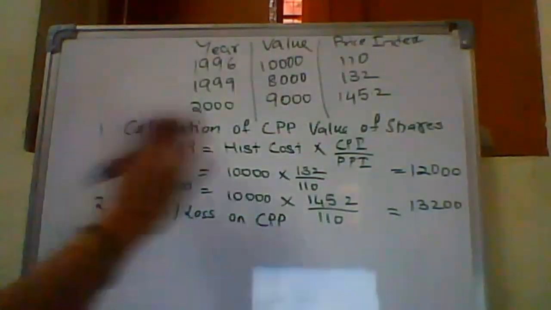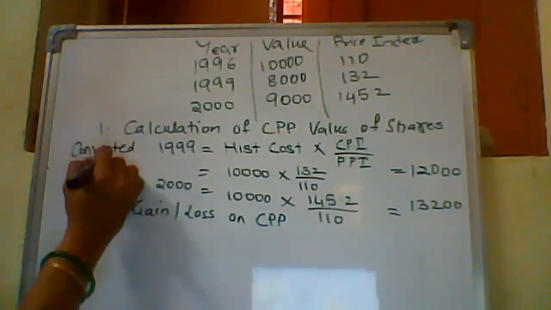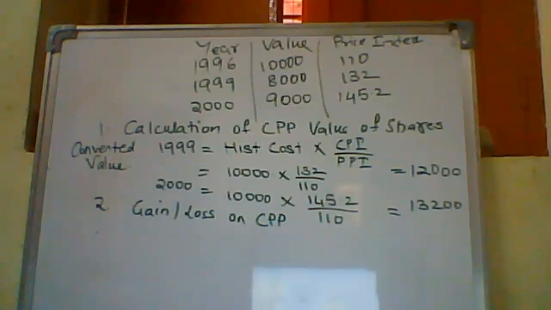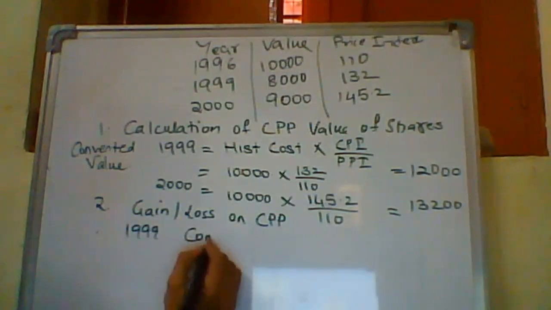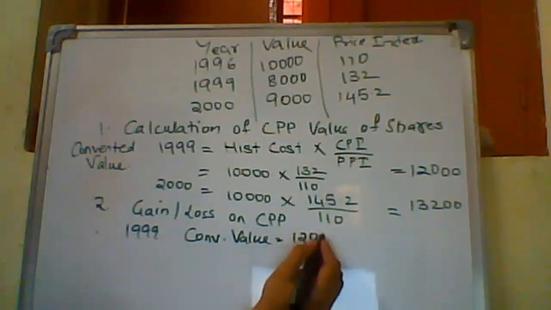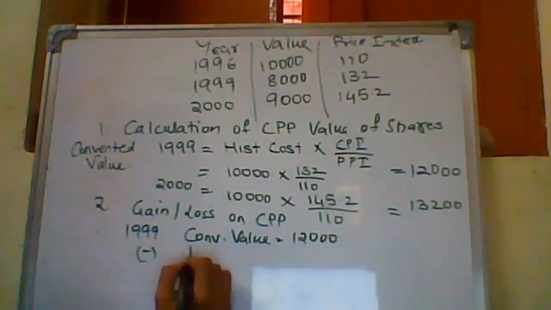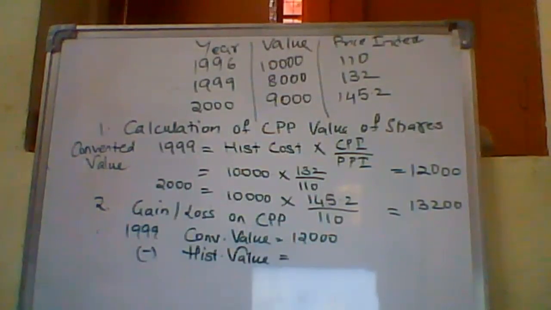It means what? These are the converted values. So from the converted value, if you minus the historical value, you will find out what is the gain or loss. So in 1999, converted value is 12,000 minus historical value, the historical value of this particular share was 10,000.